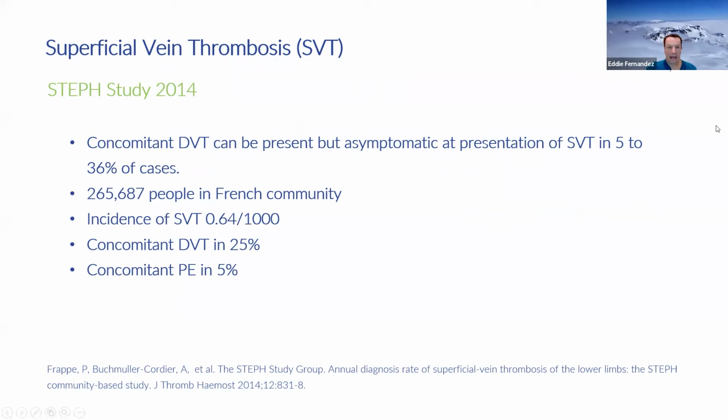It was again a French study, and they demonstrated an incidence of DVT of approximately 0.64 in 1,000. Concomitant DVT was the same as the POST study, showing 25%, and concomitant PE 5%. That is not chump change, and we really need to be paying attention to these SVTs.